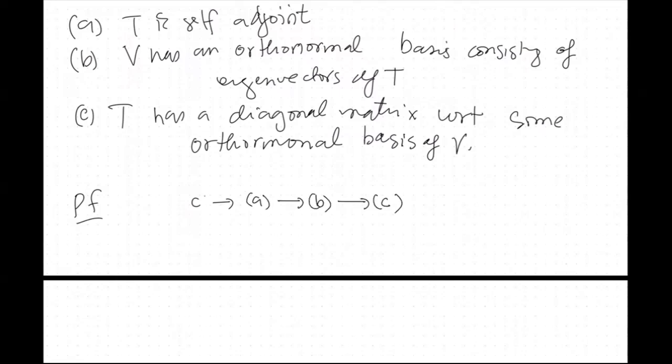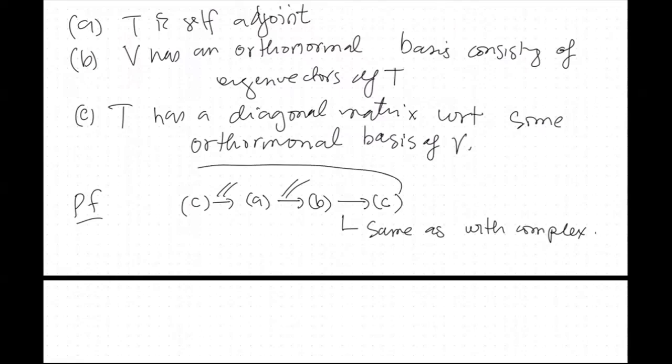Here, B implies C is given, same as with complex. So here we will prove this part and this part. Okay, we have A, B, C, and then of course, this is already this. So now let's start the proof. Suppose C holds. If C holds, we get the diagonal matrix.